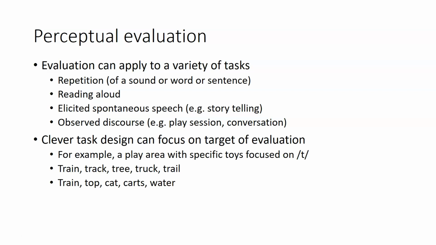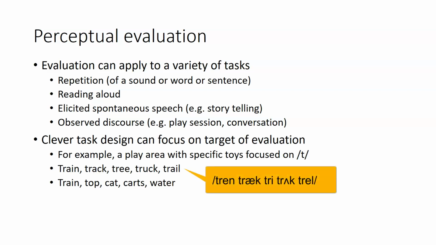Even in some of these less structured tasks, clever task design can help you focus on particular speech targets. So for example, we might make a play area for a kid with toys in it that focus on the T sound. So there could be things like trains and tracks and trees and trucks and trails, where that T sound is in a cluster with R in all of those different words.